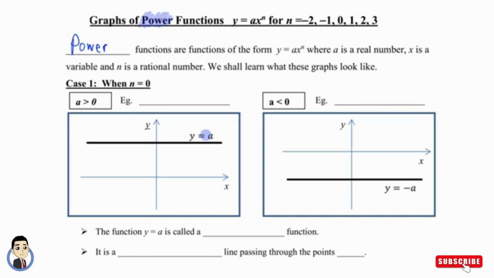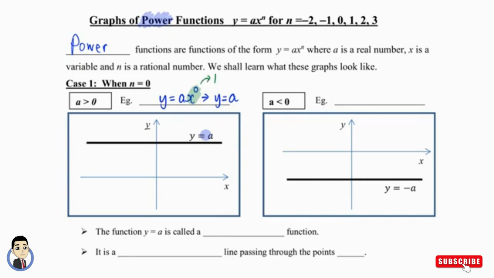So when n is equal to 0, where y equals a times x to the power of 0, this is basically represented by y equals a, because anything to the power of 0 is equal to 1. So x to the power of 0 becomes 1, and a times 1 is a.